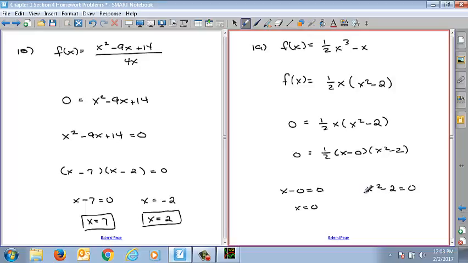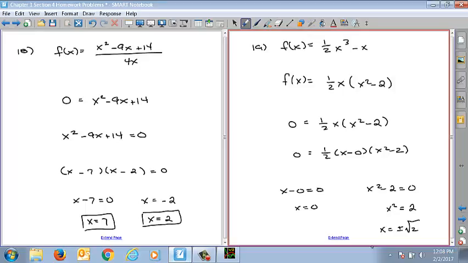The reason I'm not factoring this is because there's no linear term, and so you can solve this without factoring it. So I'd add 2 to both sides, and you take the square root, so you get x is plus or minus the square root of 2. So we have three zeros: x equals 0, x equals negative the square root of 2, and x equals positive the square root of 2.